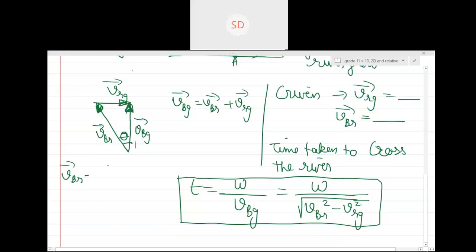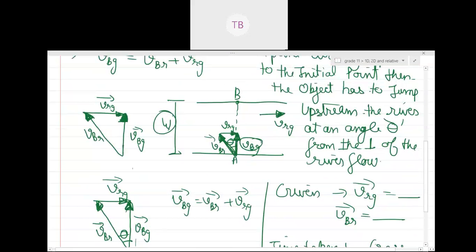The length of the VBG vector is equal to W, right? No, its length is not equal to W. Can you see this? VBG is along the direction of W, along the direction perpendicular.